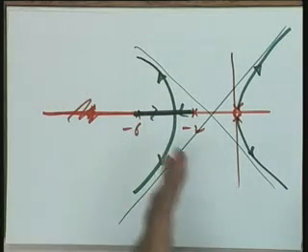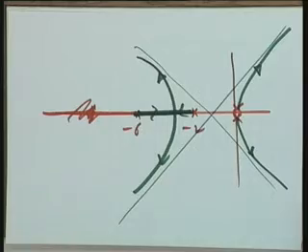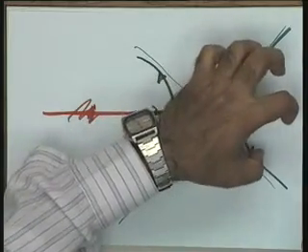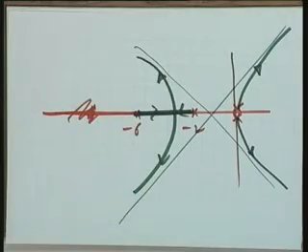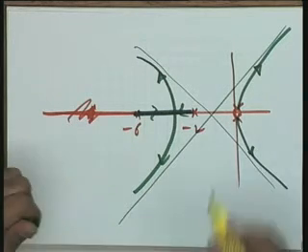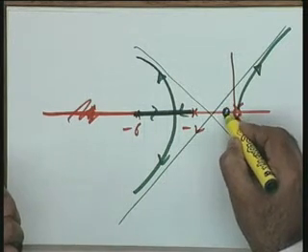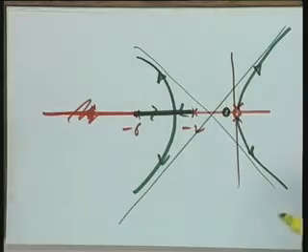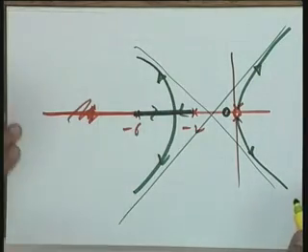Now, if you have given this, it means to stabilize it, you pull these two branches back into the left half plane. And to pull it back into the left half plane, what I do is, I place a 0 close by, close to the pole I had introduced. The pole I have introduced to change the type number of the system.